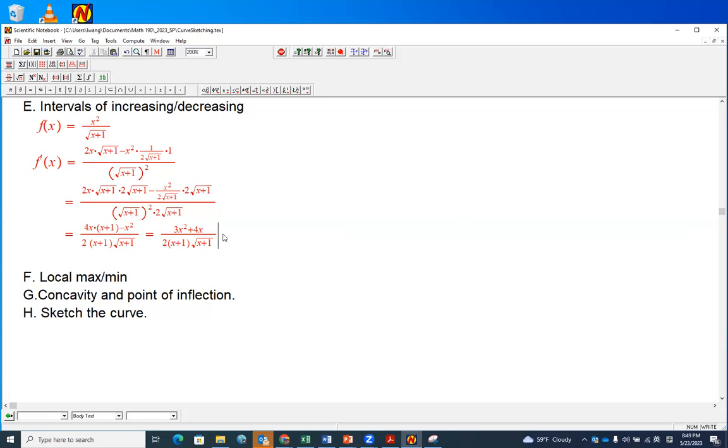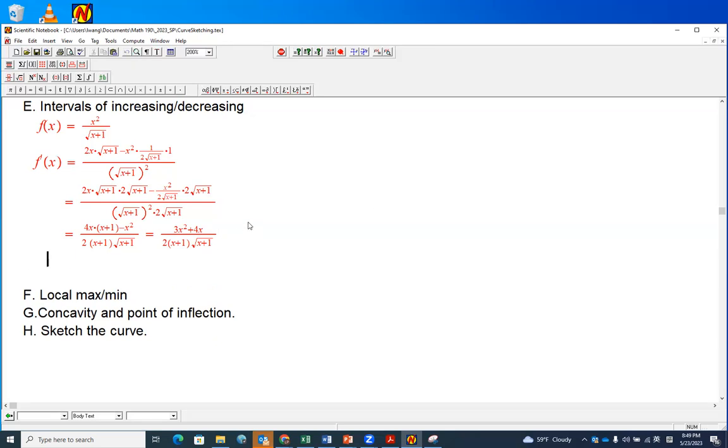We can do a little factoring because we prefer the factored form, right? So if we factor this, we factor out the x, and one of these x's is out, so x is here. So finally, we have the first order derivative in the factored form.